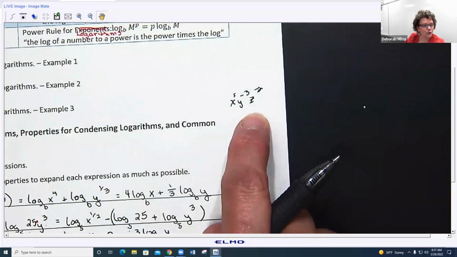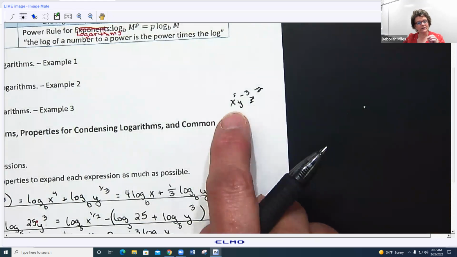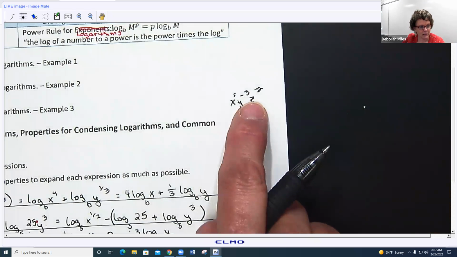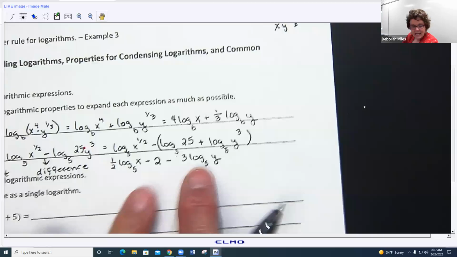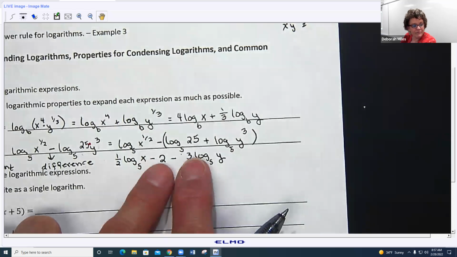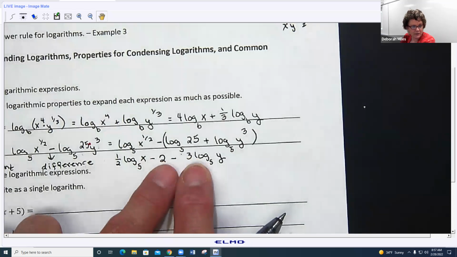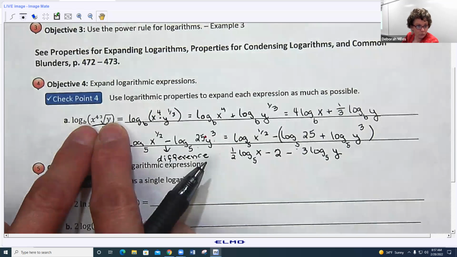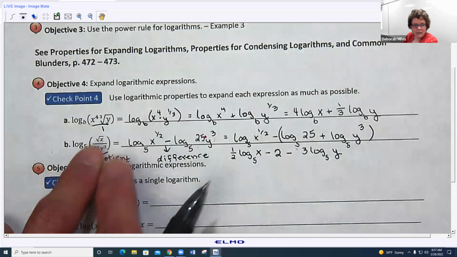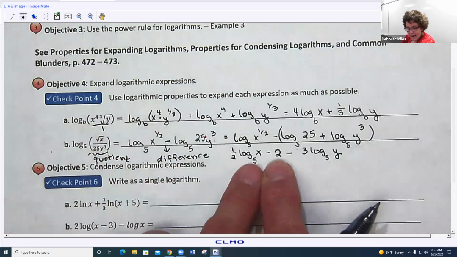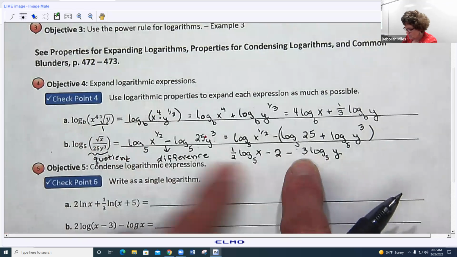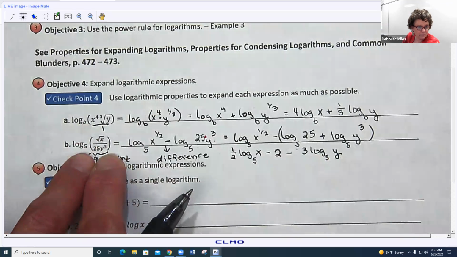The same thing is true with logarithms, only instead of saying anything with a negative exponent ends up in the denominator, you want to say anything with a negative coefficient came from the denominator. In the A part, both of these had positive coefficients and both factors were in the numerator. But here, the 2 and the 3 log base 5 of y had negative exponents. They both came from the denominator.